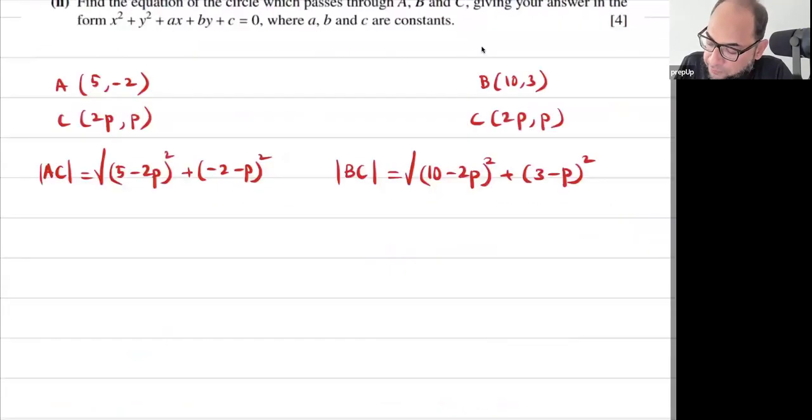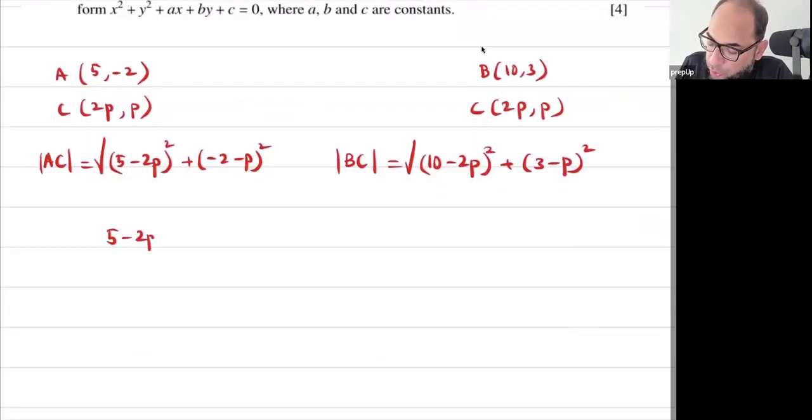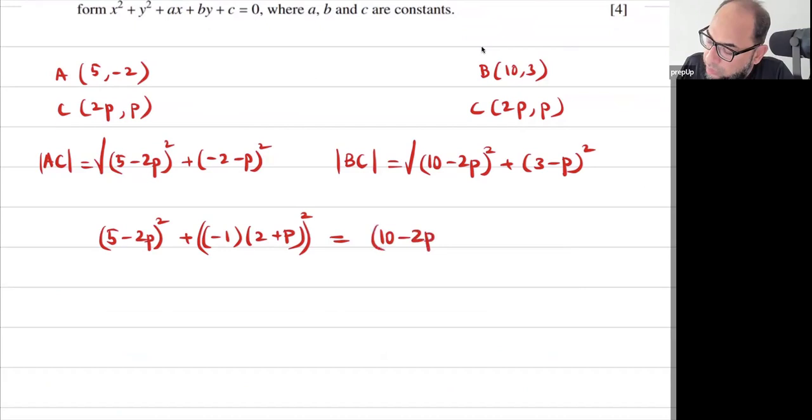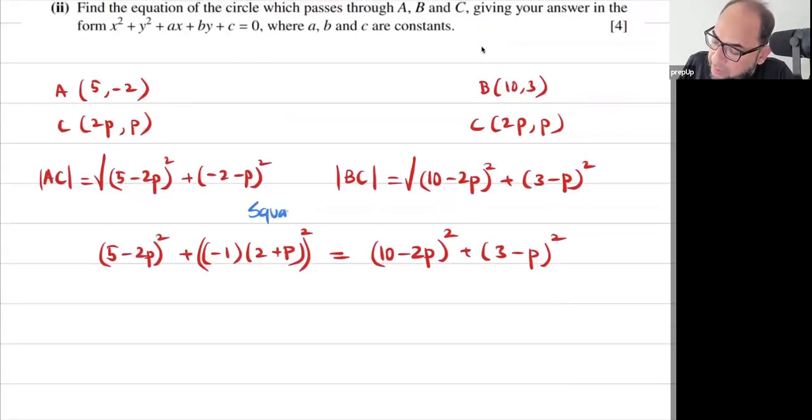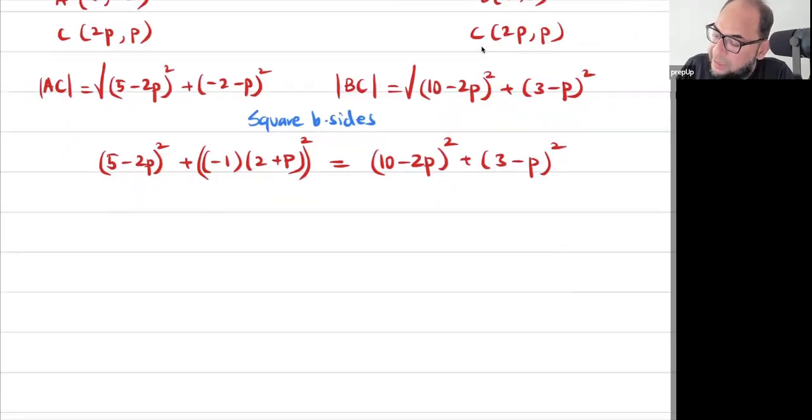Find the value of p. 5 minus 2p whole square, and this is negative 1 times (2 plus p), the whole thing square. This is (10 minus 2p) whole thing square, plus (3 minus p) whole thing square. The square root disappears, square both sides.